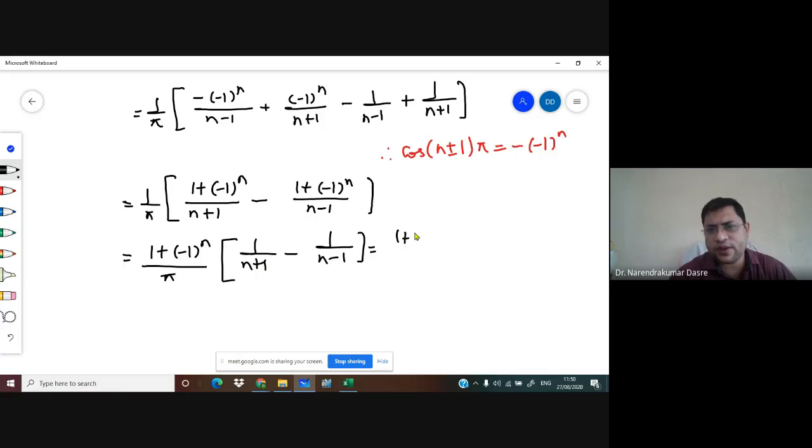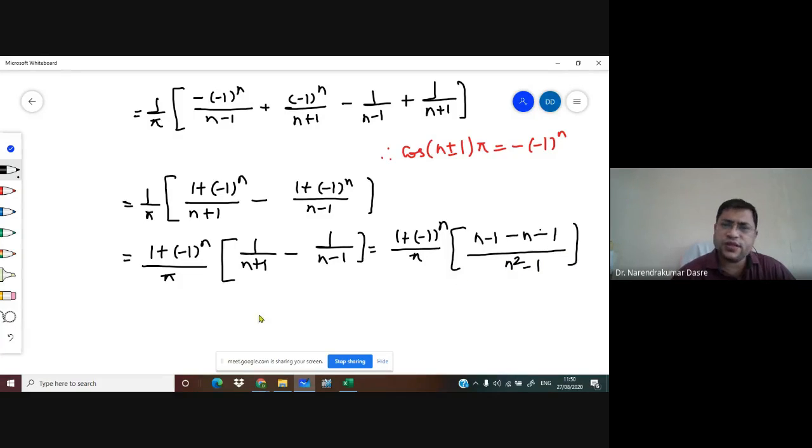So it is 1 plus minus 1 raised to n upon pi, and this is n minus 1 minus n minus 1 upon n square minus 1. So this is equal to, the n will get cancelled and you'll be having minus 2 times 1 plus minus 1 raised to n upon n square minus 1.